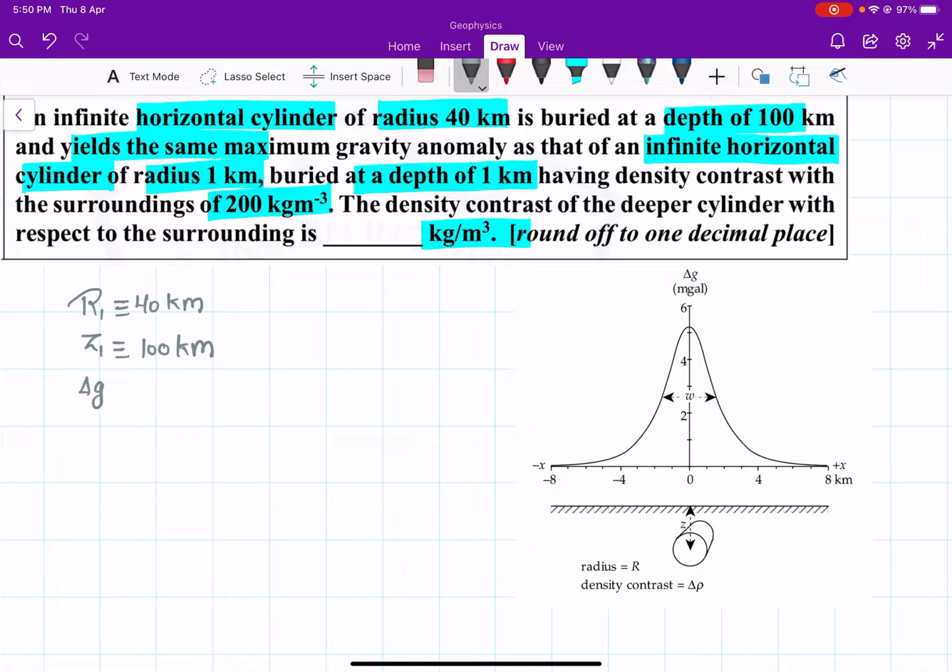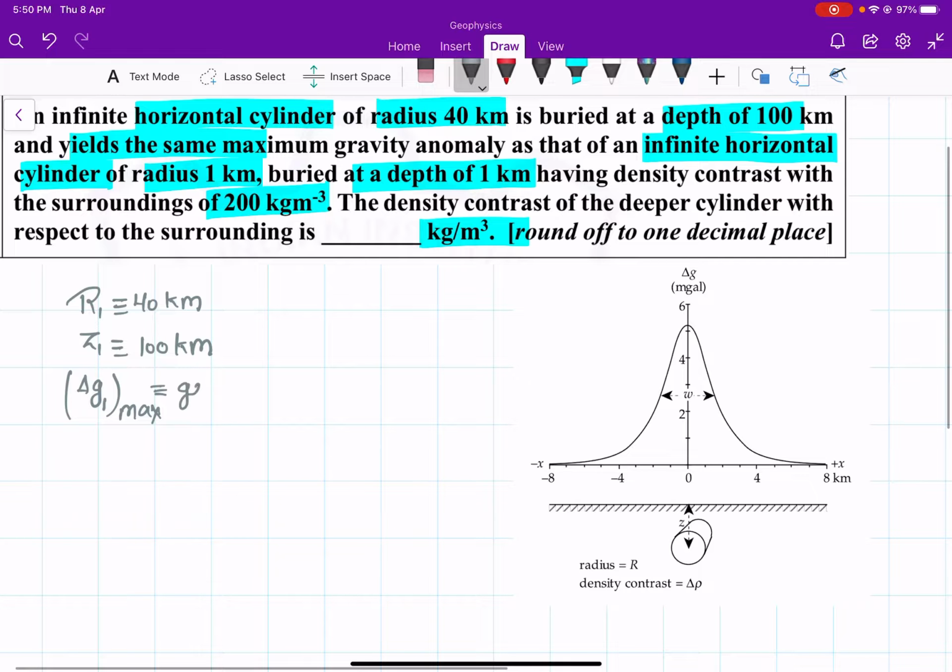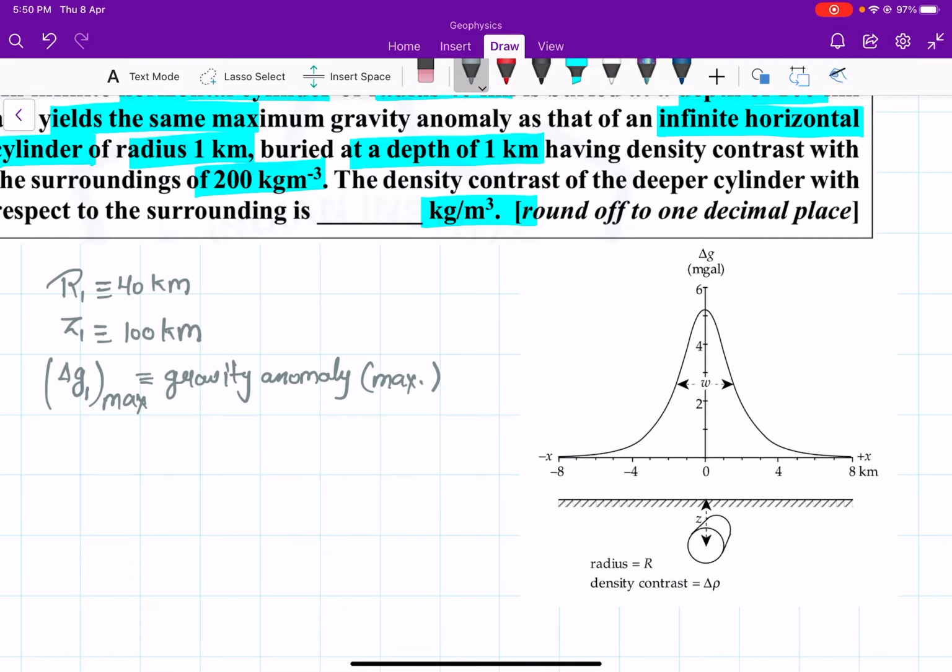Suppose del g1 max is the maximum gravity anomaly. These are the parameters for the first cylinder, which is deeper.